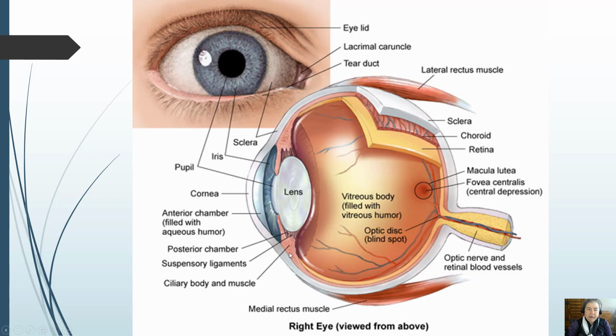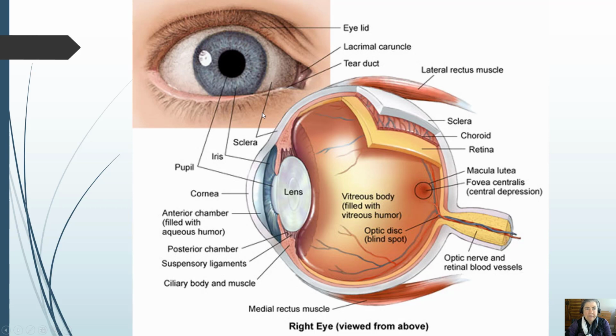The ciliary body and muscle are attached to the lens, sorry, not to the iris. Then the vitreous gel, and the macula, which is a little depression on the retina where cones are most dense. And then the optic nerve, and the blood vessels to the eye come in through the optic nerve.